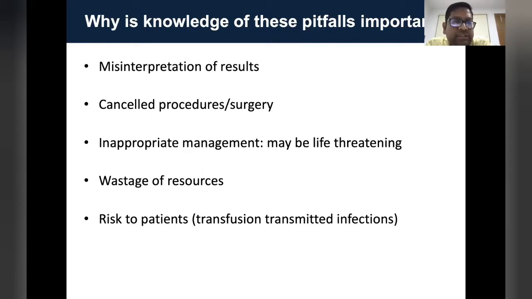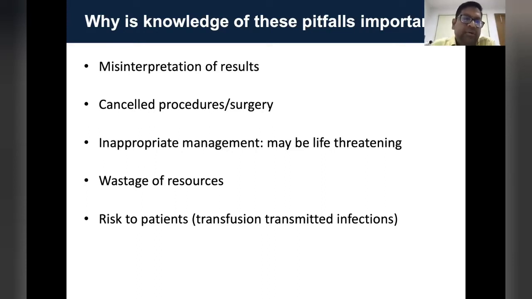There will be wastage of resources. Can you imagine giving cryoprecipitate or FFP to somebody who does not require it? Those cryoprecipitate and FFP are wasted, and there is also a risk to the patient of transfusion-transmitted infections, or TTI.